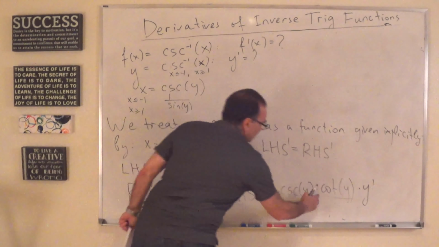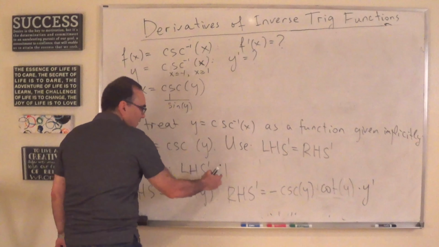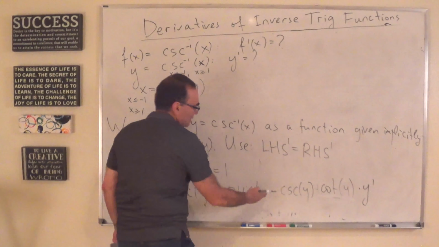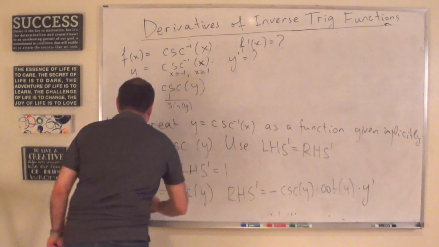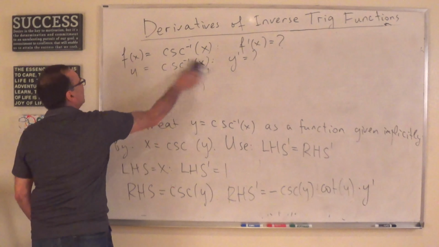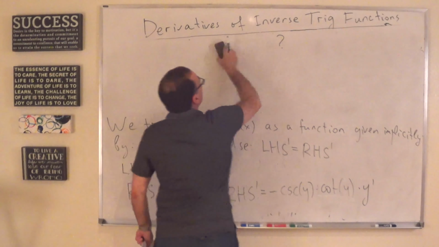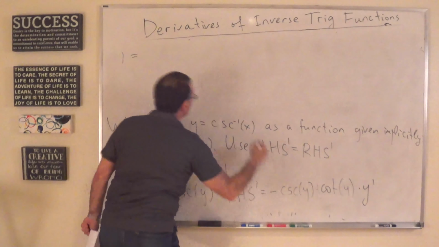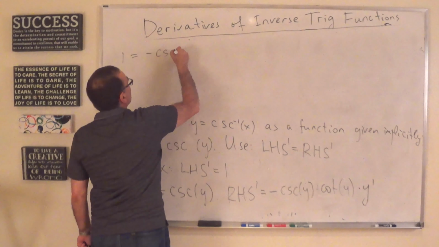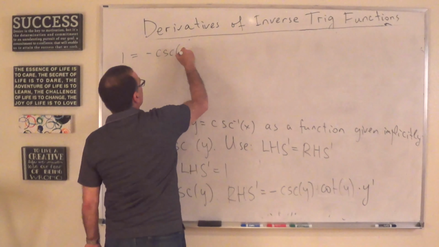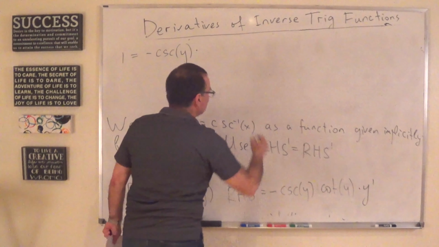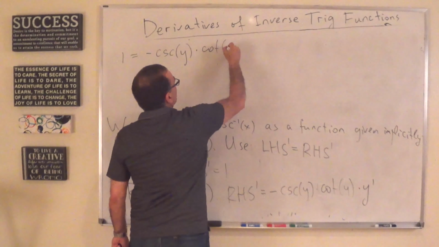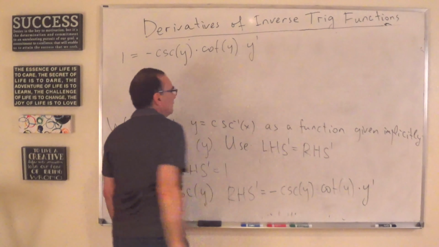So now we have 1 equals negative cosecant of y times cotangent of y times y prime.